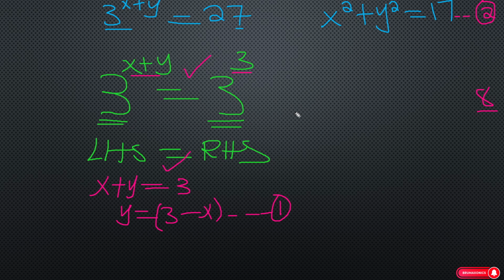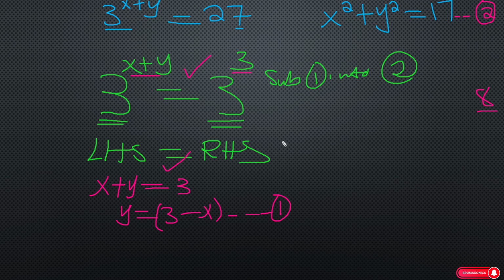Remember, we are trying to solve for x and y simultaneously, or two equations simultaneously. So you can call it solving simultaneous equations. During the days, and even now, that's what we call them. So okay, let's substitute equation 1 into equation 2.